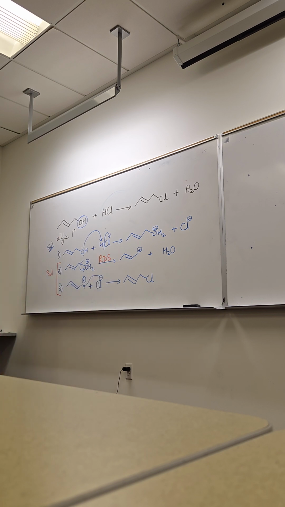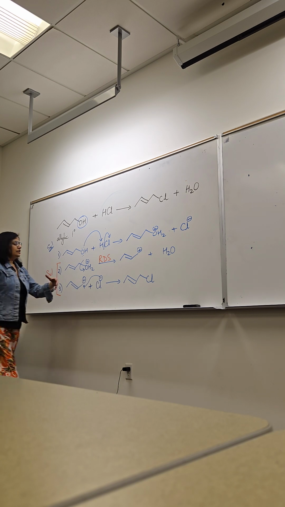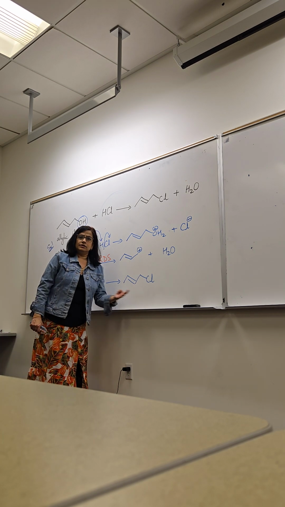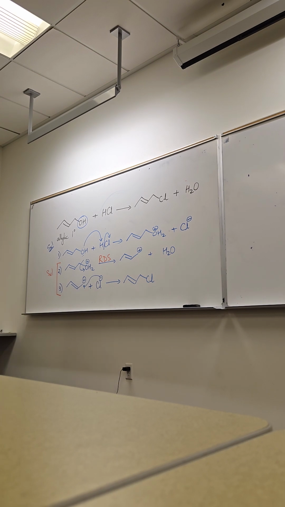It's always the formation of the carbocation step that is the rate determining step, wherever it comes. Are we all good? Okay, so the question I asked you in the lab yesterday, which was for something similar: this is not the major product. Can you tell me what will be the major product in this example and why?